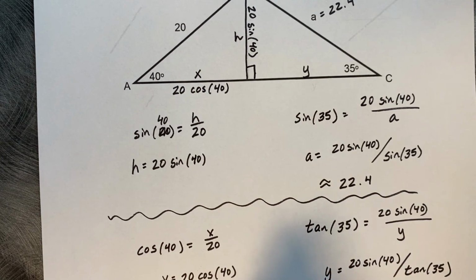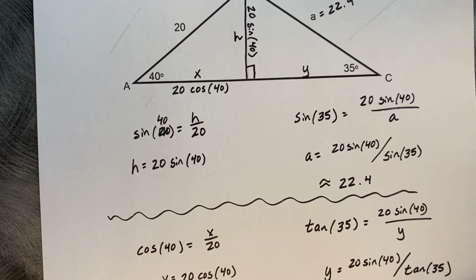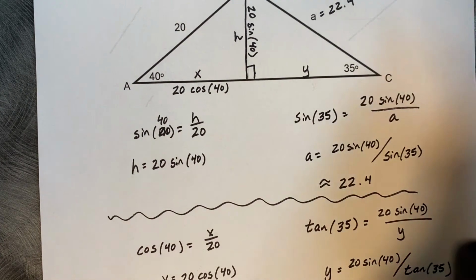And then x plus y equals those two things together. So let's get the decimals for them. 20 cosine of 40 is 15.32, and y is approximately 18.36. So if we add those together, we get approximately 33.7.